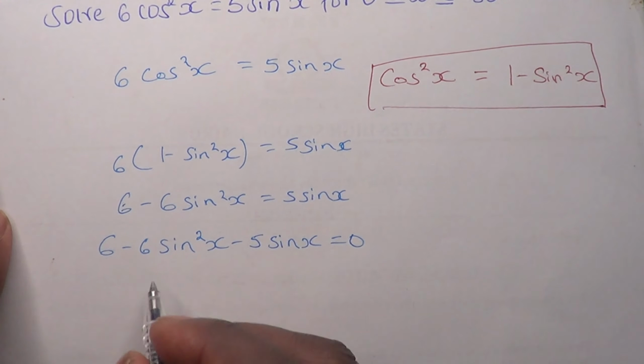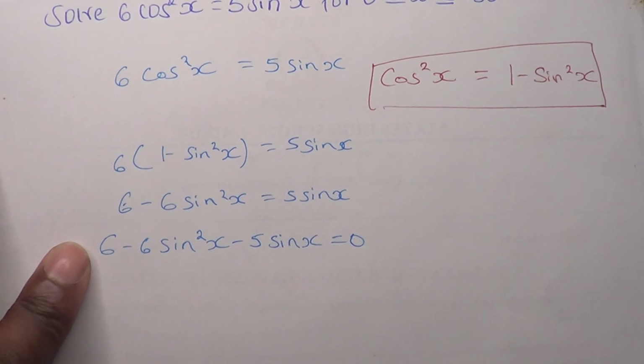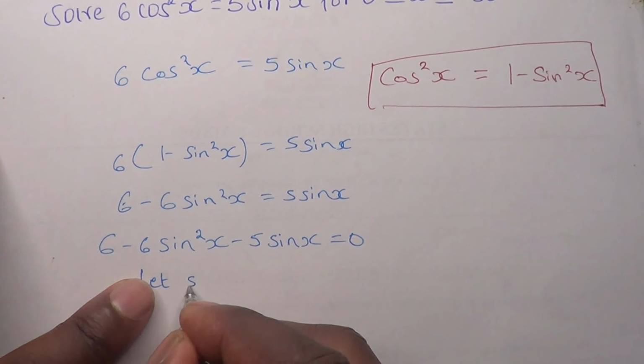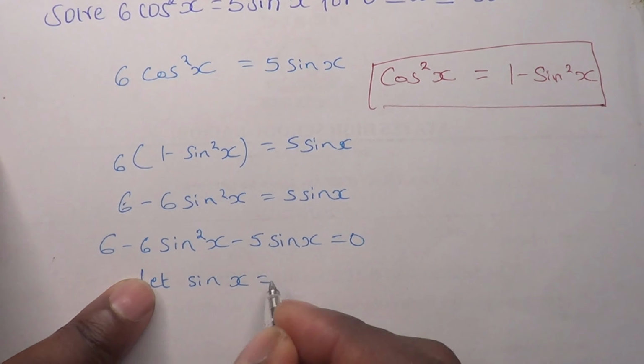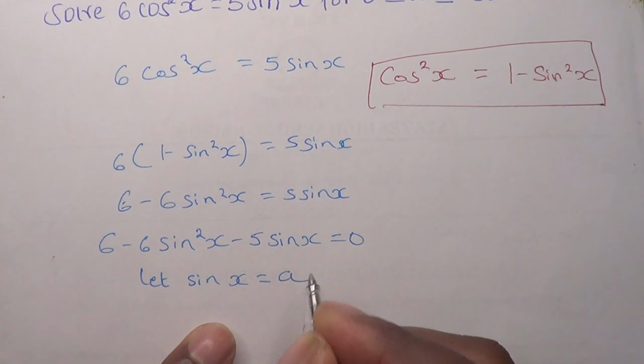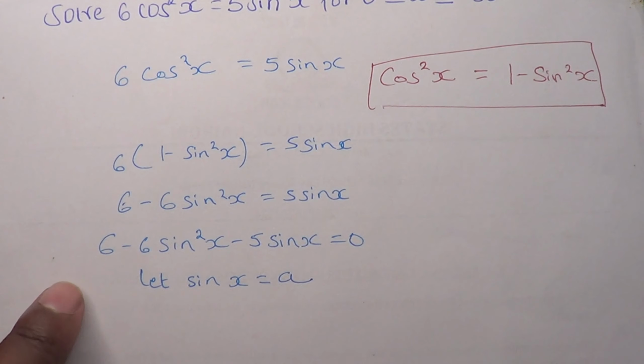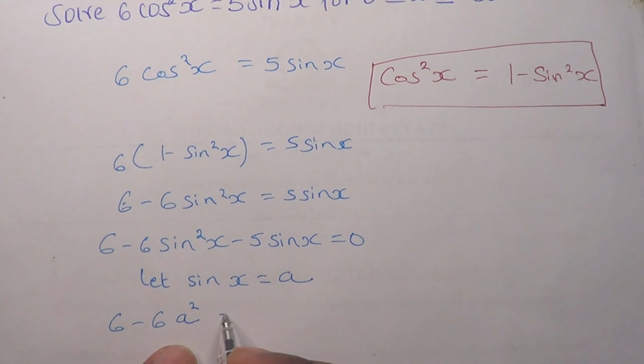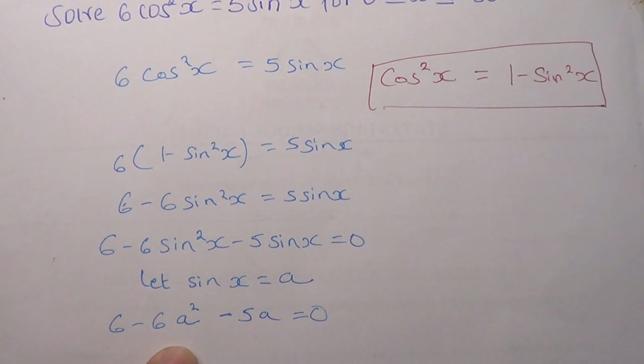Then the next thing I can do, let sin x equal a, so that I can simplify it. So at this point here I can say 6 minus 6a² minus 5a equals 0.